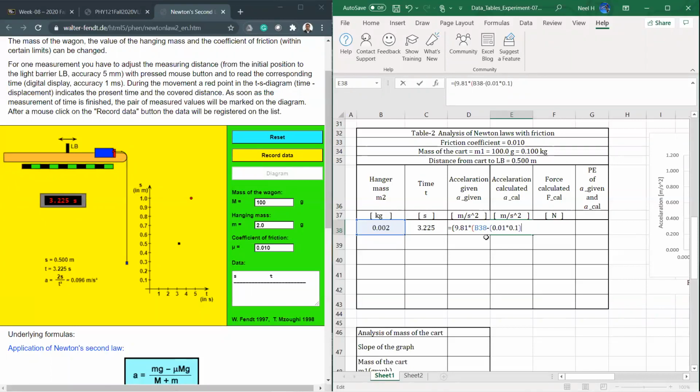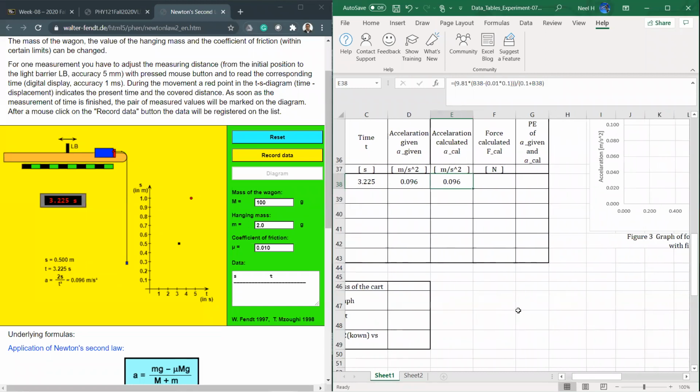Close brackets, close brackets again, divide by parentheses m1 is 0.1 plus m2 is 0.002. You should not see that sheet error at all. Then hit enter. If my equation is correct, I should get the exact answer as we got earlier.